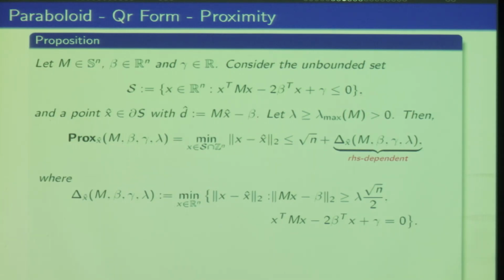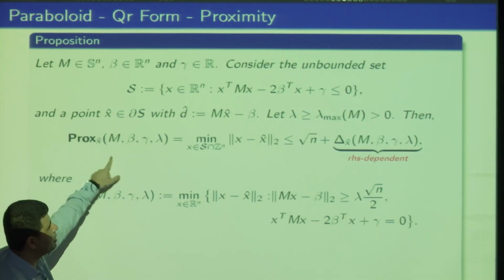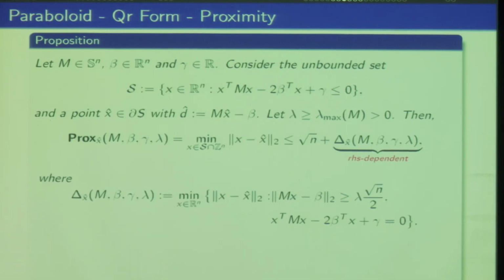If you give me a point on the boundary of this set, keeping the continuous relaxation in mind, we can get a proximity measure which looks like this: square root of n, the dimension, plus this delta problem, which is another hard-looking optimization problem. If you can solve this problem, you can get delta and find a proximity bound. As you can imagine, this explicitly depends on the right-hand side because all the problem parameters are here.